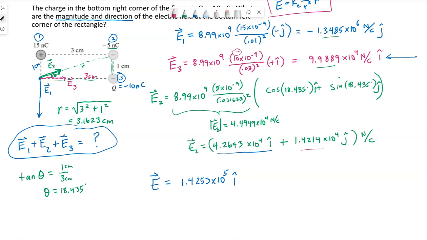Now we add y components to y components. Even just looking back at my original picture, I expect this to point downwards. And that's because E1 is bigger, so a larger value overall.